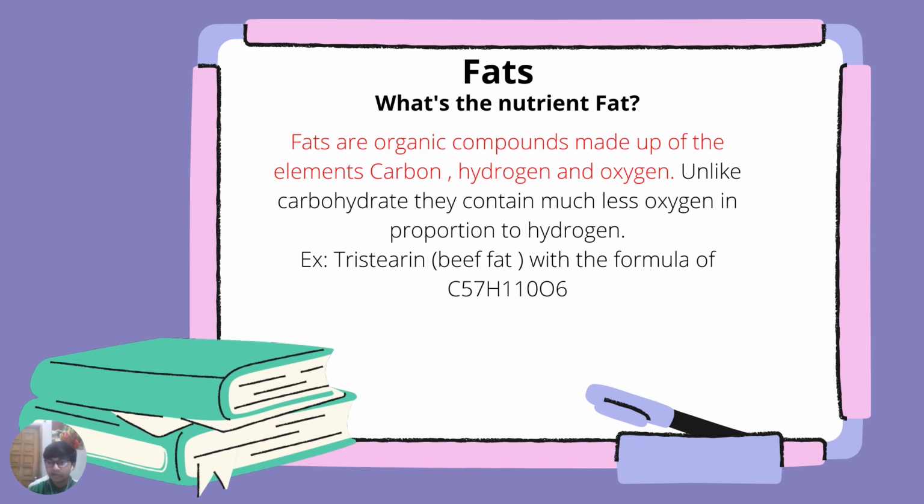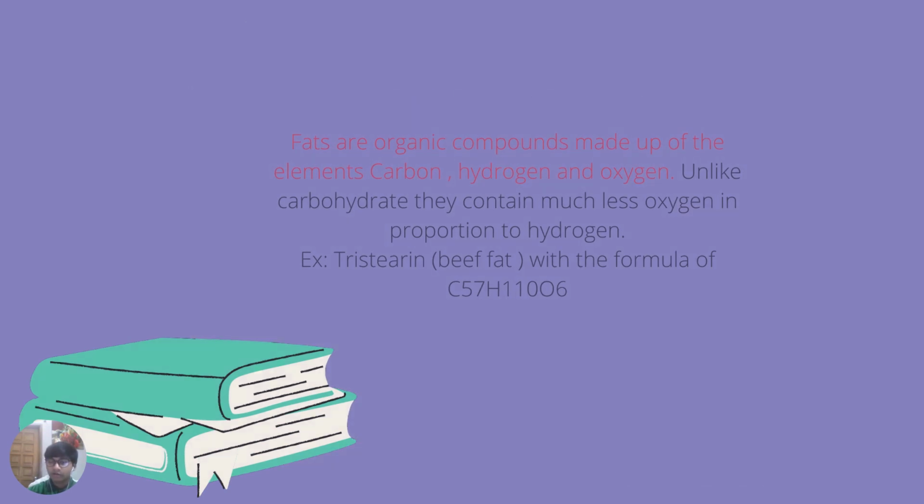In the case of fats, it won't be the case. For example, tristearin or beef fat, with the formula C57H110O6. Now we can clearly see that hydrogen is in a huge amount compared to that of oxygen.